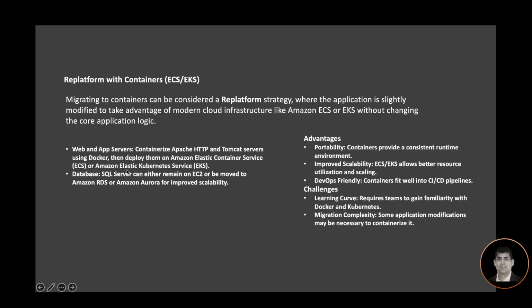In this example, you have a web and app server, so you containerize the Apache and Tomcat server using Docker and then deploy them in the Elastic Container Service or the Kubernetes service, EKS.